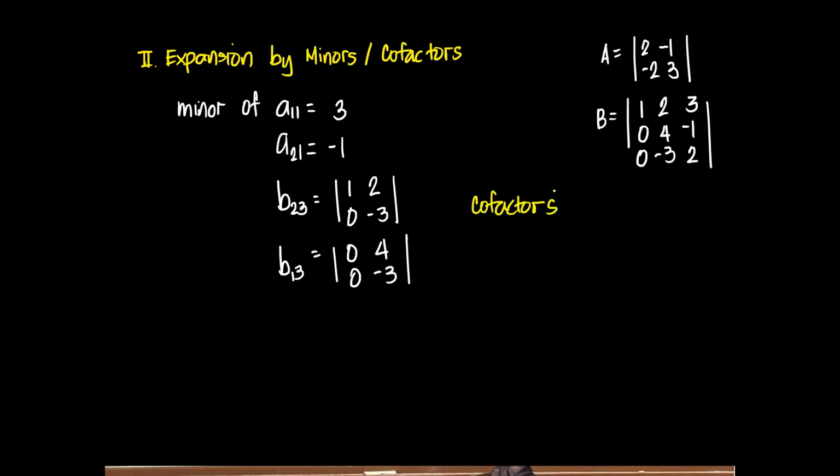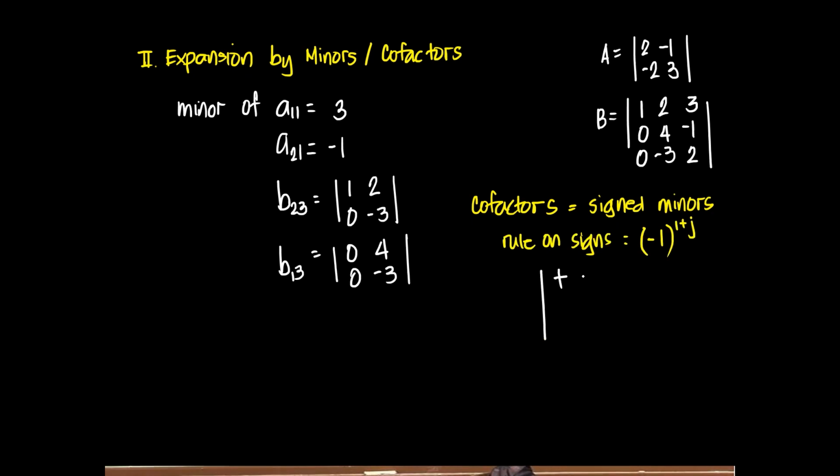So what are cofactors? They're what you call signed minors. And then for signed minors, we follow this rule on signs. -1 raised to i plus j. What do I mean by that? -1 raised to 1 plus 1 is positive.